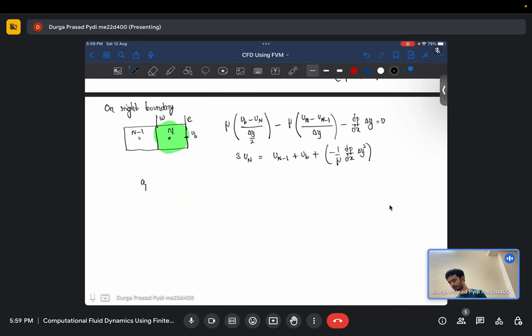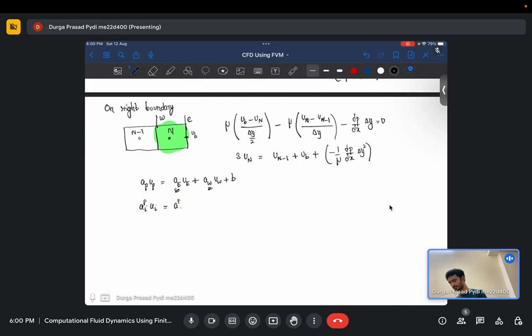For all these finite volume formulations, the notation the professor will be following is something like ap up equals a east u east plus a west u west plus some b. So this is the form we will be using. This is your coefficient for the east and for the west, or in the indicial notation, ai ui.